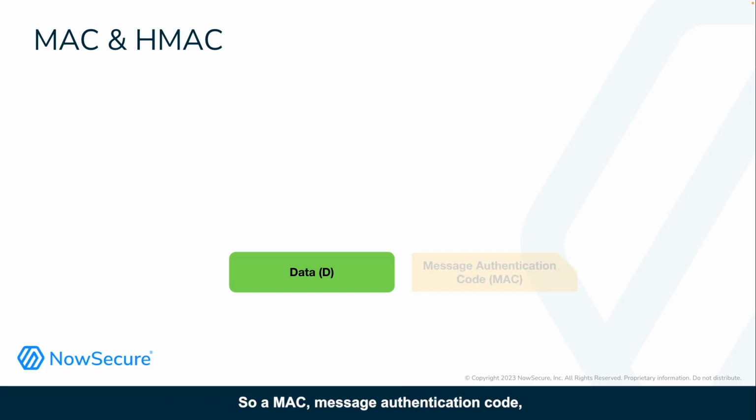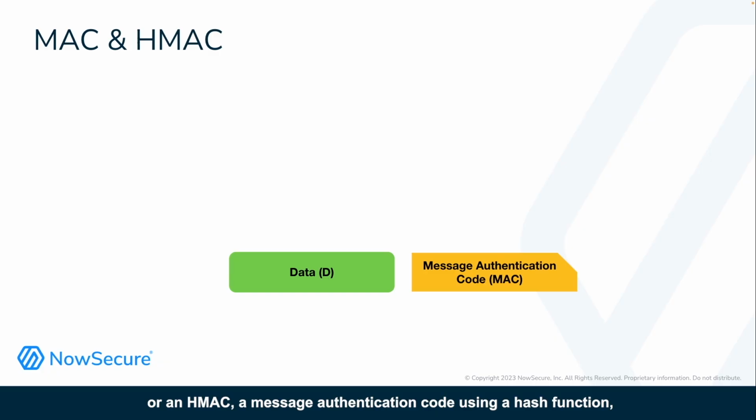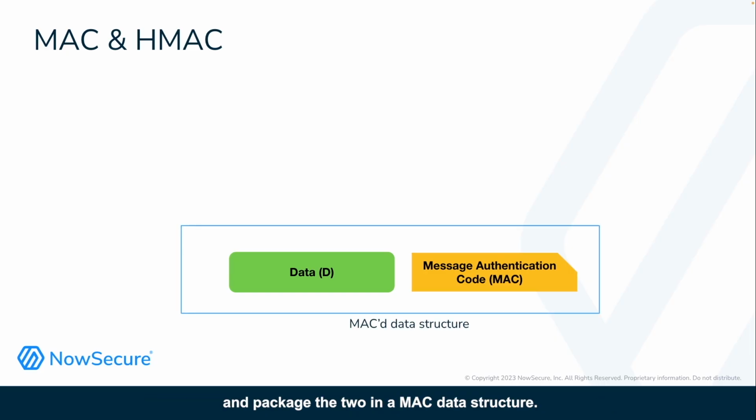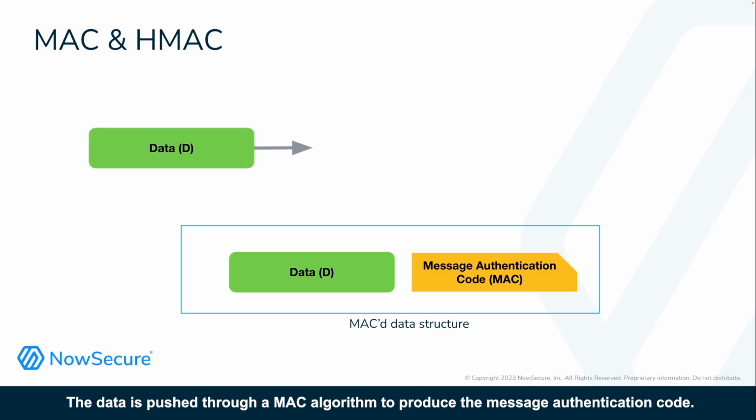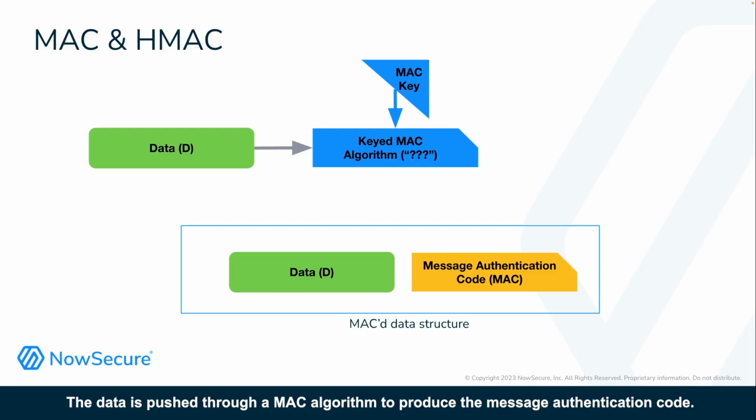So a MAC, Message Authentication Code, or an HMAC, a message authentication code using a hash function, would do something similar. You would take your data, work out a message authentication code, and package the two in a MAC data structure. The data is pushed through a MAC algorithm to produce the message authentication code.